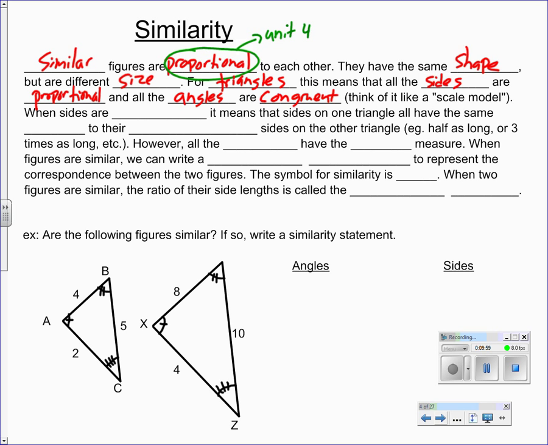Right, so it's like a scale model. So all the sides are the same ratio. They're just either bigger or smaller than the original by some factor. And the angles are exactly the same. They're congruent. They have the same measure.